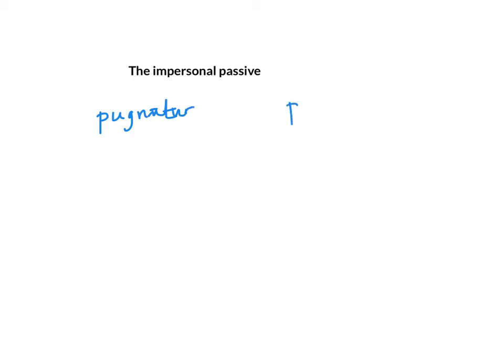Or in the past, let's put it in the perfect, pugnatum est. The perfect passive, remember, uses the perfect passive participle, the PPP, plus the verb to be. And because this is impersonal, I've got the PPP in the neuter form.